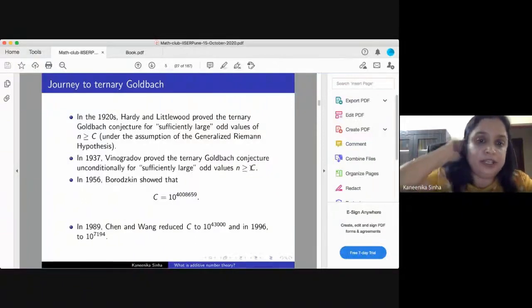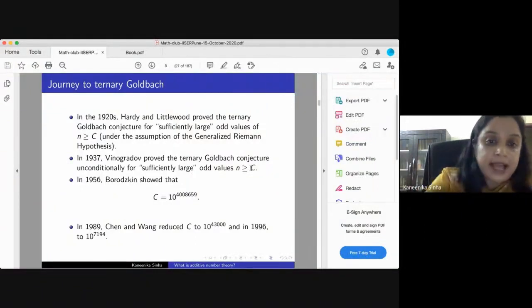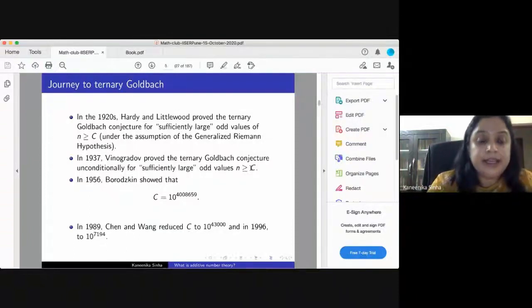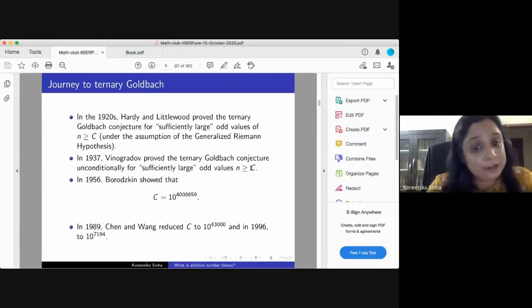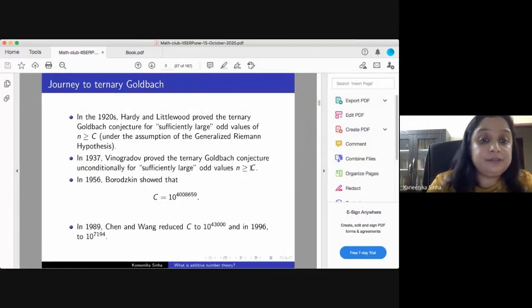I'll mention the computational issues involved, but as things progressed, in 1989, another work was published by Shen and Wang, who reduced c to a slightly smaller power, but it is still a very, very large number, 10 raised to the 43,000. And in 1996, this was further reduced to 10 raised to the 7,194.